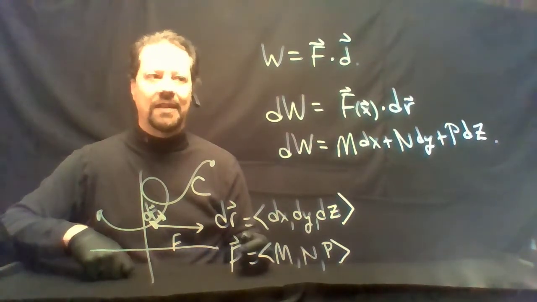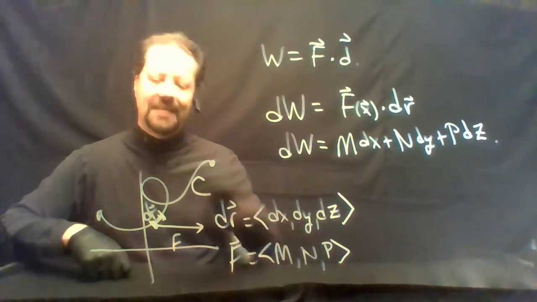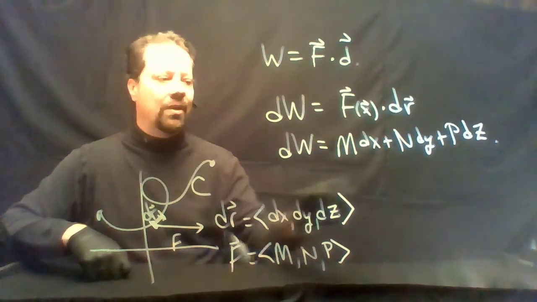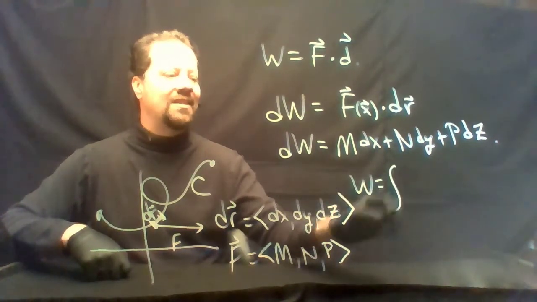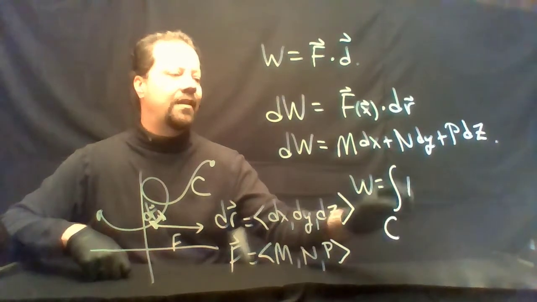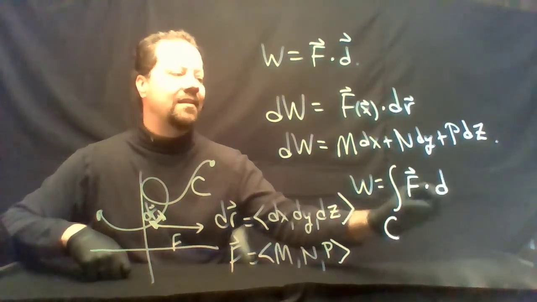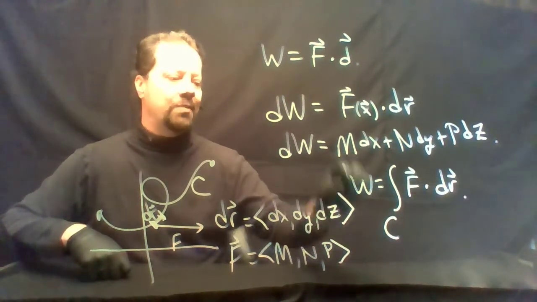To get the total work done, you have to integrate to add these up along the whole curve. The total work is the integral along the curve of the force dotted with the infinitesimal displacement.